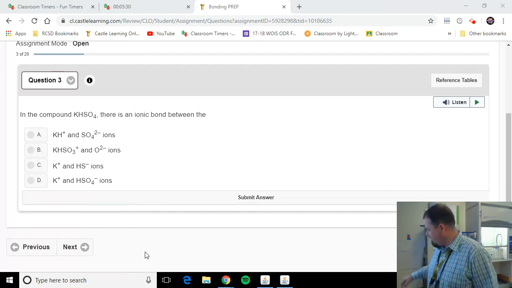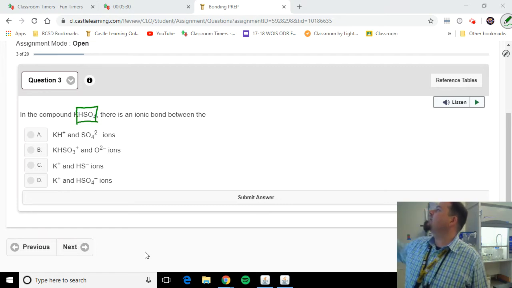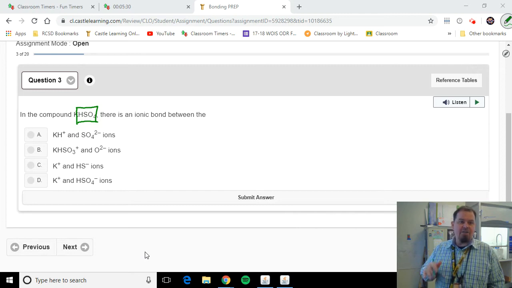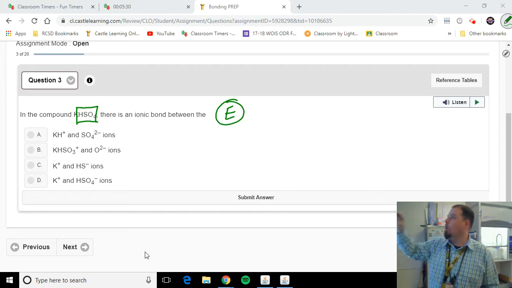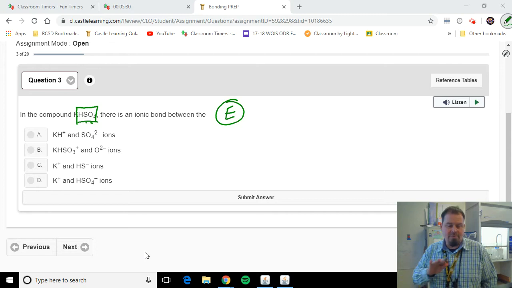So this is one of the tricks where I know when there's a polyatomic ion, the polyatomic ion is covalently bonded. And if I didn't know that HSO4 was a polyatomic ion, that's where I go to table E and look it up. And notice H, S, and O are all nonmetals. So this polyatomic ion is covalently bonded.